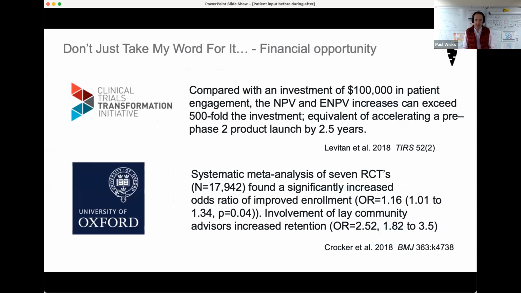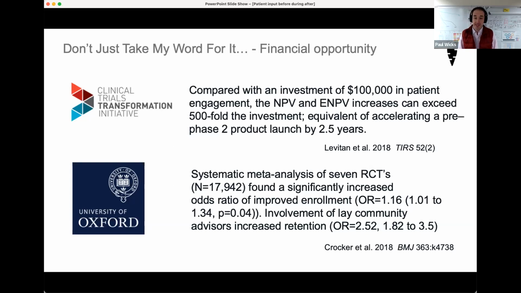So there's not tons of evidence on this, and clearly some of the people generating the evidence have a vested interest here, but there's some research to suggest that we can start to calculate a return on engagement of actually investing time and resources in getting patient input into our studies that show themselves in fewer trial failures, fewer protocol amendments, better attrition, perhaps even greater likelihood that the outcomes we're affecting are better when it comes to an economic and market access type discussion later on in the development process.